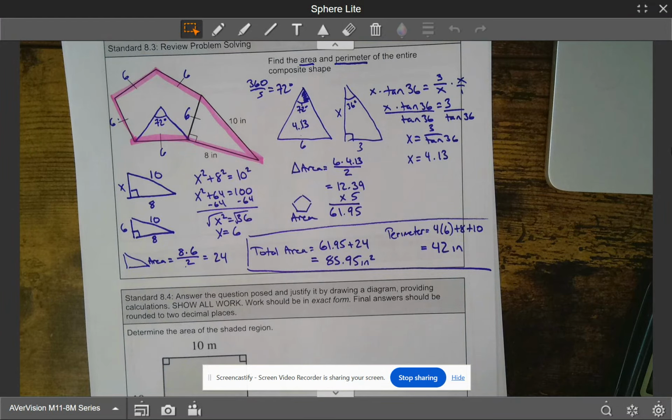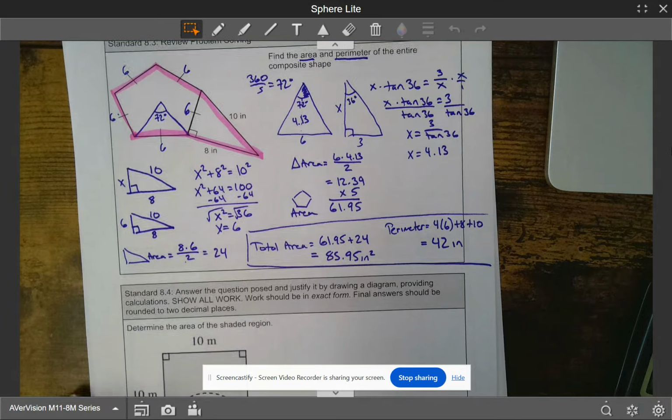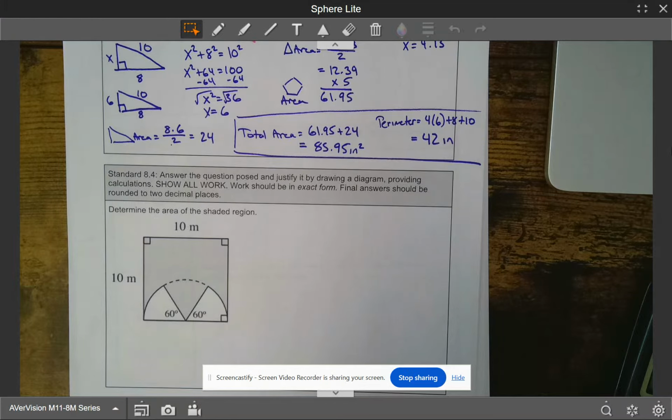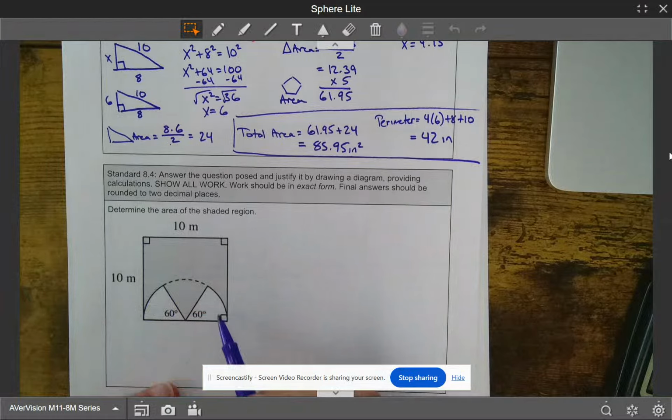All right, with circles. Now, how do we do this one? All right, so for this one, determine the area of the shaded region. Okay, so I see the shaded region appears to be a square with a semicircle here, with a third of the semicircle taken out.